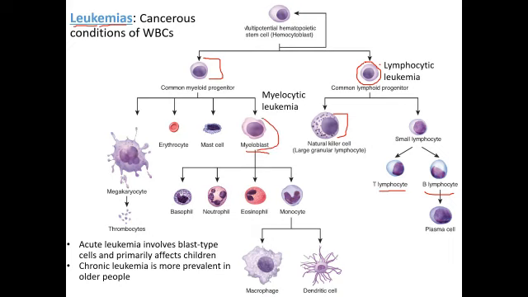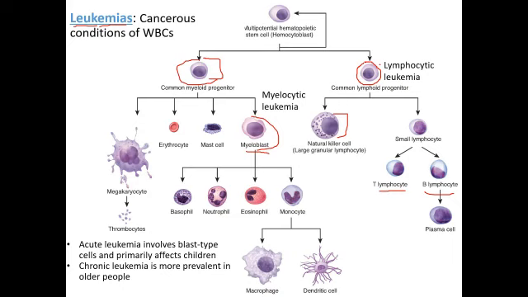So in a myeloblast cell or even within the myeloid progenitor cells, essentially a mutation in these cells that are farther up the stem cell line means that those mutations are going to be in more and more and more cells, and it's more difficult for your body to compensate for those mutations. And so generally that's seen in children, and the children often pass away because of these issues.